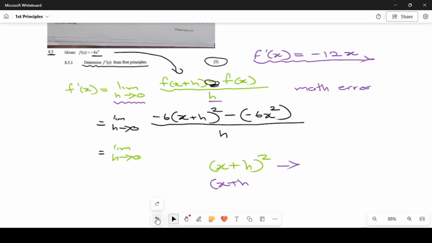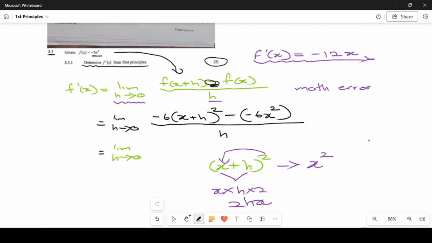So what you'll just have to do is simple. Since you have a square there, you're going to square the x. So you'll say x squared. And now you're going to say x times h times 2. And then you get 2hx, or xh, it's up to you.